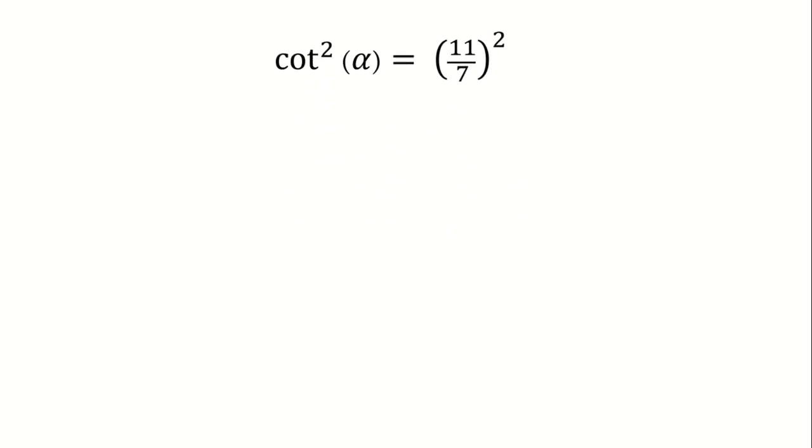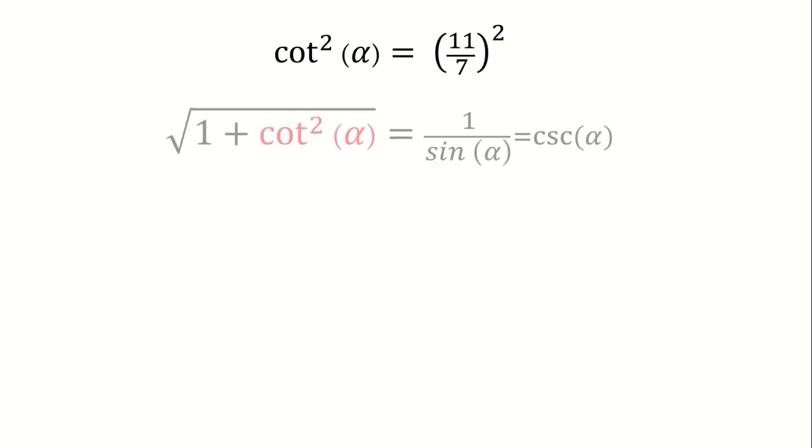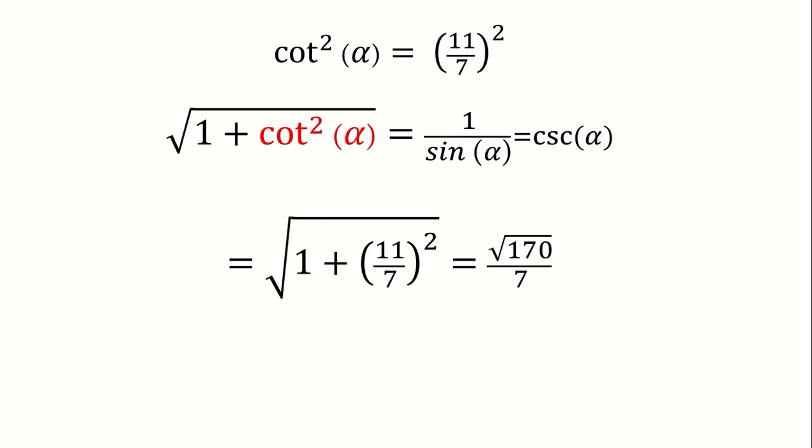The next stage is to get cosecant of alpha from knowing cotangent of alpha. Back to our main formula, the square root of 1 plus cotangent of alpha to the power of 2 is equal to cosecant of alpha. So cosecant of alpha is equal to the square root of 1 plus 121 over 49.